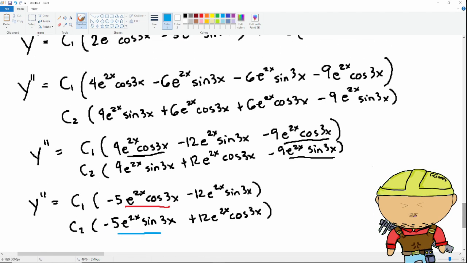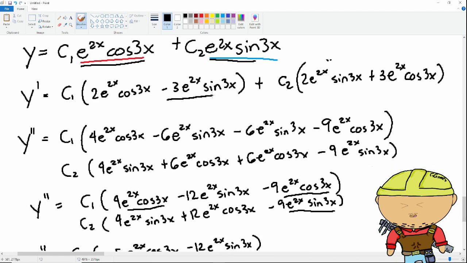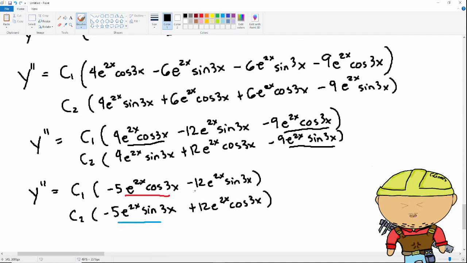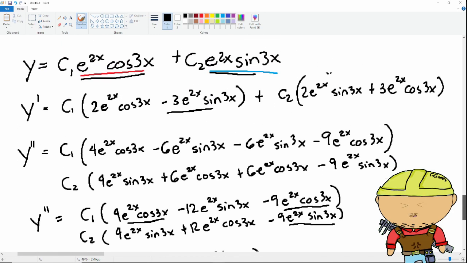For y prime, we have e to the 2x cosine 3x and negative 3 e to the 2x sine 3x. On the C1, we have negative 3 e to the 2x sine 3x, while this one is negative 12. So here's the process.